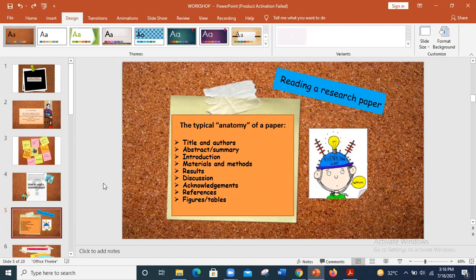Next is materials and methods. Materials and methods is all about the methodology of your research paper. Next is results, discussion, acknowledgements. End of the research paper is references. And in some cases, you come across the figures and tables of the research paper.